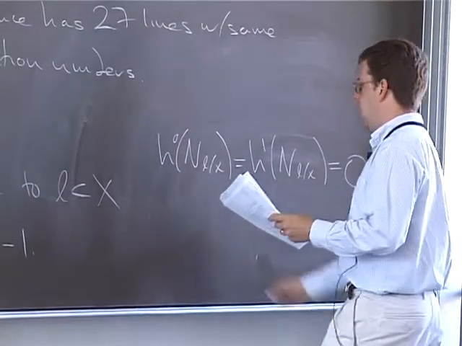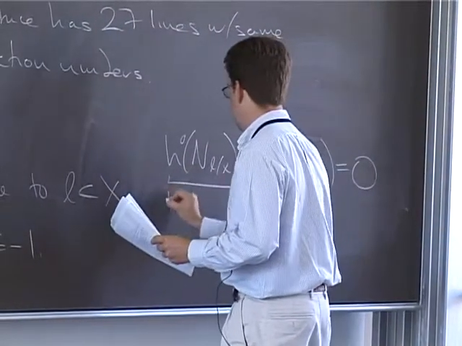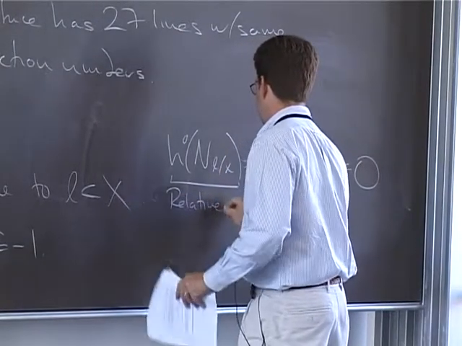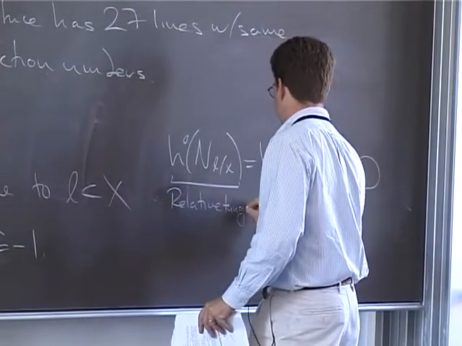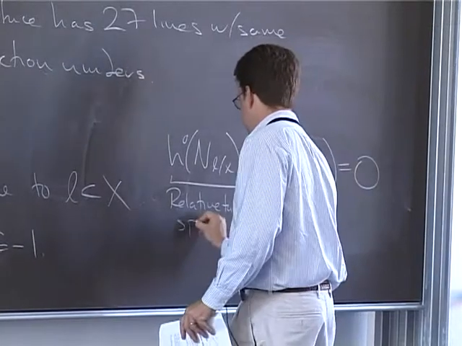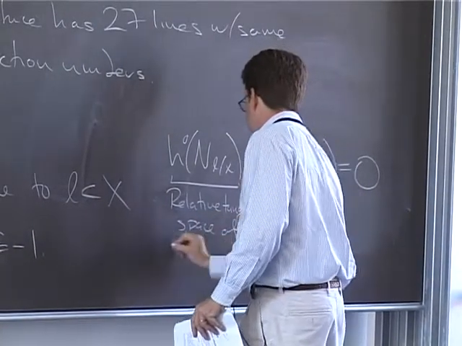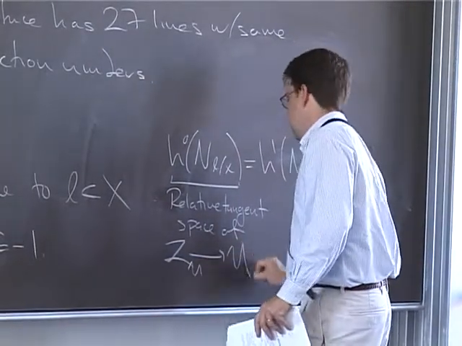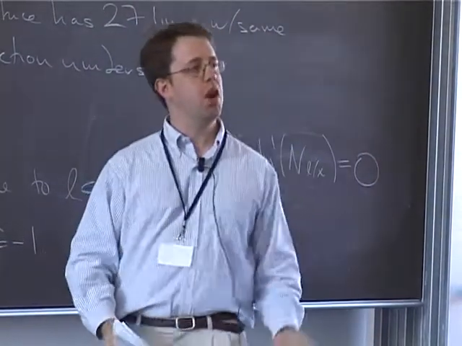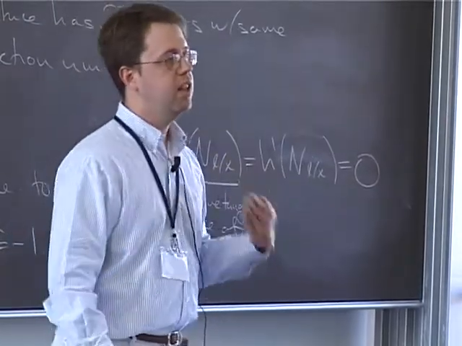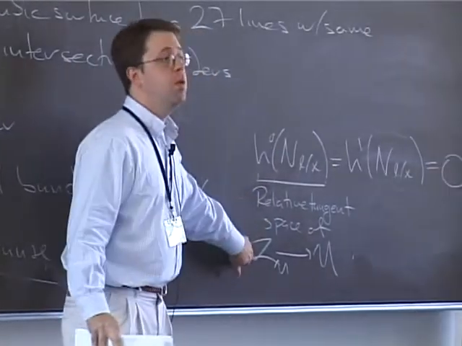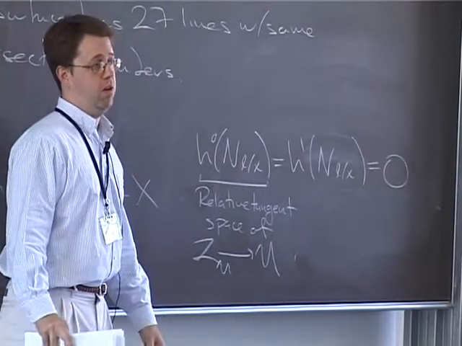Well, this means that, so this is a tangent space. So essentially what we've just shown is that the space of all lines is always smooth and unobstructed of relative dimension 0.